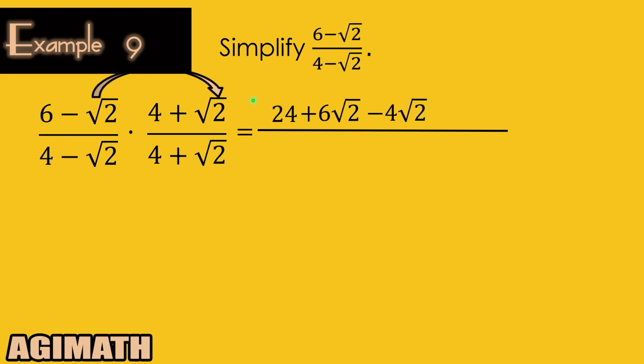And then lastly, negative square root of 2 times positive square root of 2. Again, the operation is multiplication when you apply the distributive property. Negative times positive is negative. That's why we have negative square root of 4. This time we can multiply 2 and 2 because they have the same index or order, which is 2. So we can multiply 2 times 2. That's why we have 4.